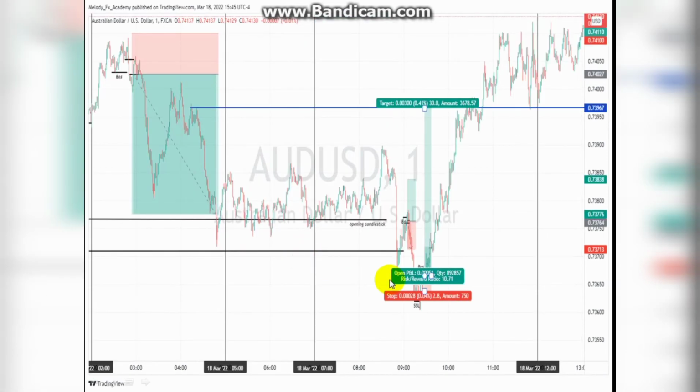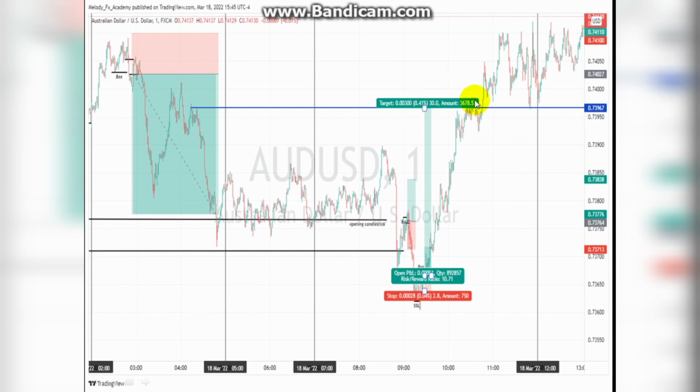For my profit target, I targeted this old high, because this other level is way too close to the opening candle, and since we are going to be bullish, I said, let's just target this random old high, and I got 300 pips or so.